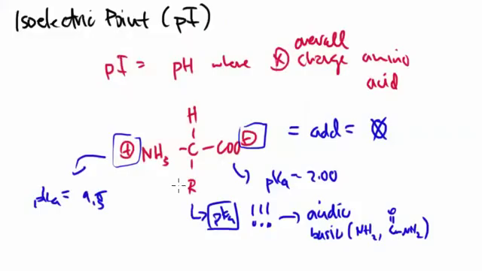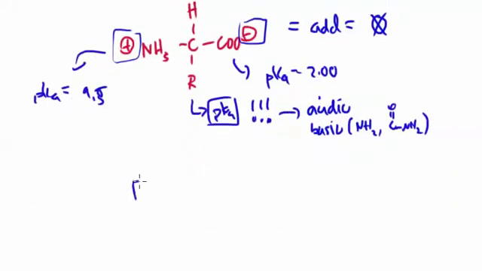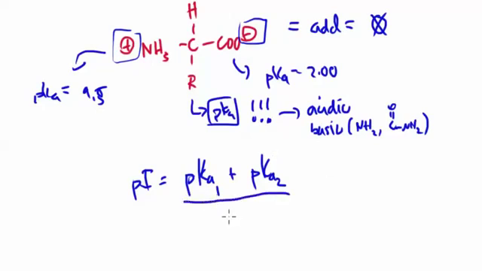Okay, to calculate it, you basically take the PI is equal to pKa1 plus pKa2, and then you take the average. So you're going to take those two numbers and you're going to divide by 2.